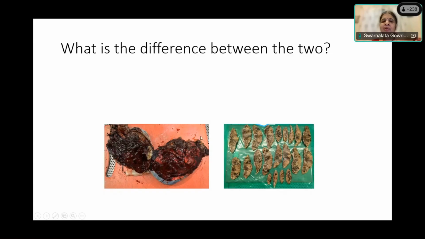But you see over here that you must appreciate the change in color which happens with formalin. And this is something very fresh, very red, very hemorrhagic. You certainly cannot take these sections directly for processing. You need to slice them at 5 millimeters, put them in formalin overnight.